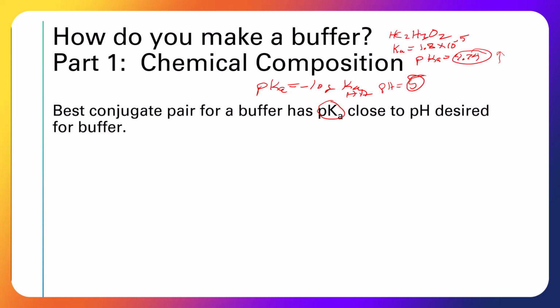So choosing your buffer is about choosing the weak acid side of the buffer, which has a Ka that you can take the negative log of and come up with a pKa that is close to the pH that you're interested in. I'll see if we can make that a little bit more clear.